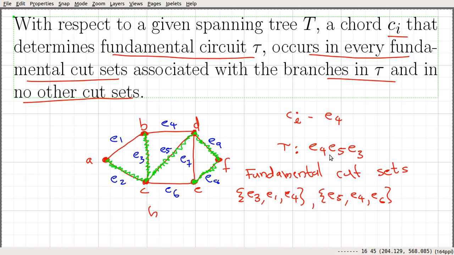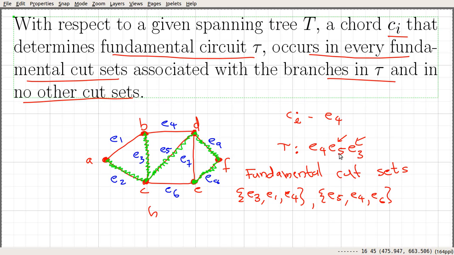The statement says Ci occurs in every fundamental cut set associated with the branches in tau. So here the branch edges in this fundamental circuit are E5 and E3. The statement says consider any fundamental cut set associated with the branches of this fundamental circuit, then Ci will appear there and in no other cut set.